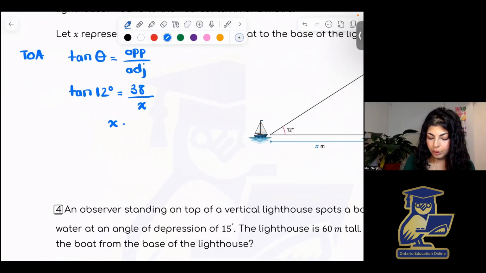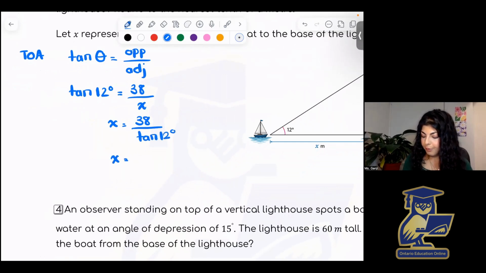And now, if I want to solve for x, that is the same as 38 divided by tangent of 12. And x will give me 178.8 meters.